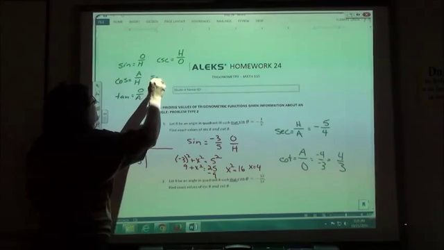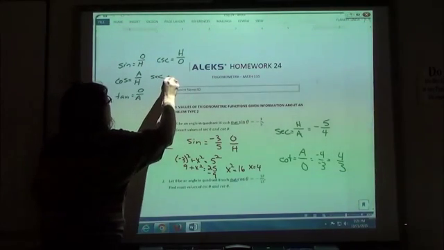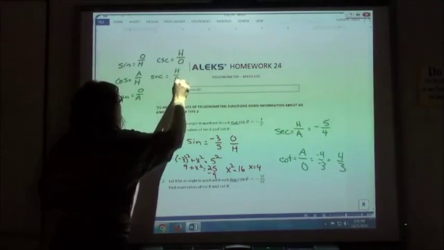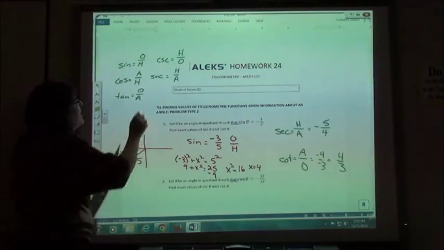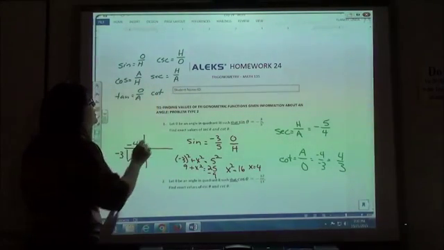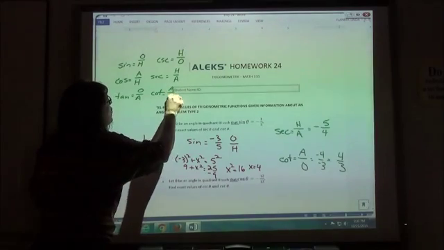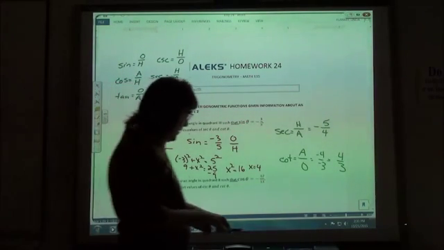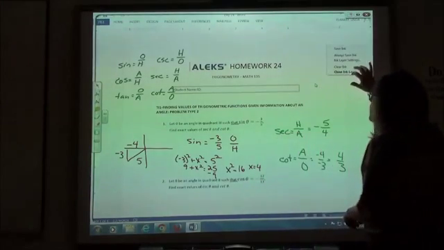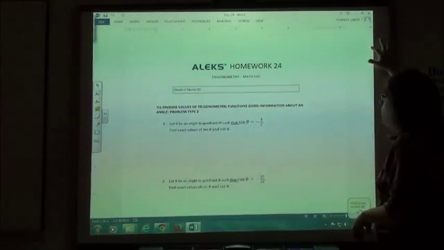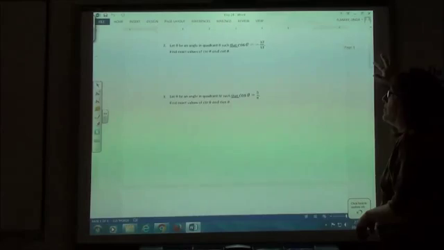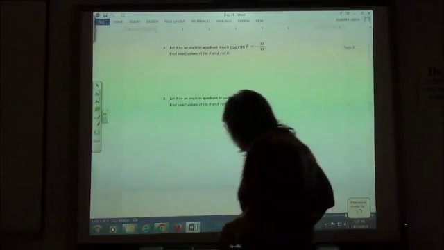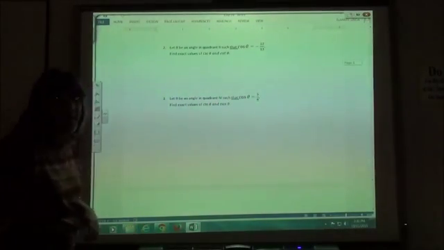The secant is the inverse of the cosine, so hypotenuse over adjacent. Cotangent is the inverse of the tangent, so adjacent over opposite. So if you've forgotten those or don't have those memorized, you might want to memorize them because we're going to do a lot of that during trig class, as if we haven't already.